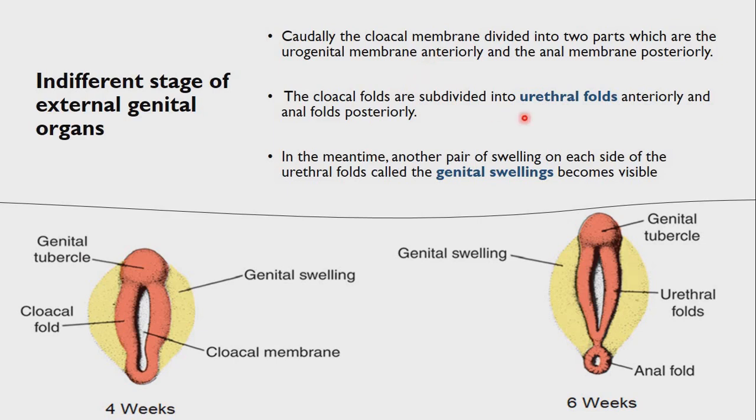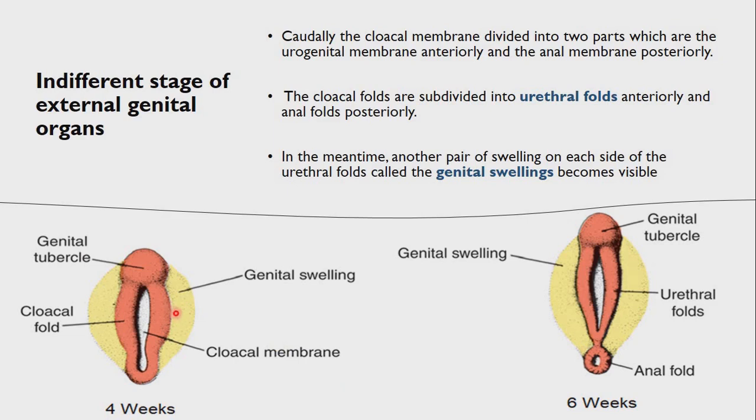The cloacal folds are then subdivided into 2 folds. The first is called the urethral fold anteriorly, and the second is called the anal fold posteriorly. In the meantime, another swelling appears on each side of the urethral fold, and these are called genital swellings.